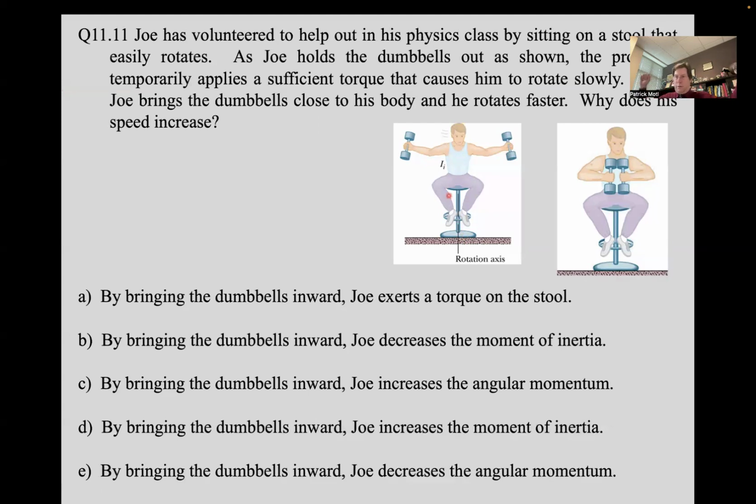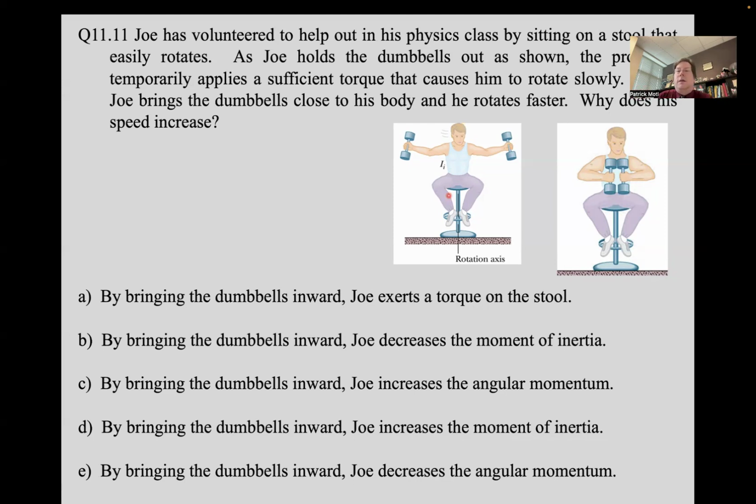He starts with some masses at arm's length, so a long way from his axis of rotation. And in that situation, with his arms outstretched, he sets himself spinning by applying a torque briefly.